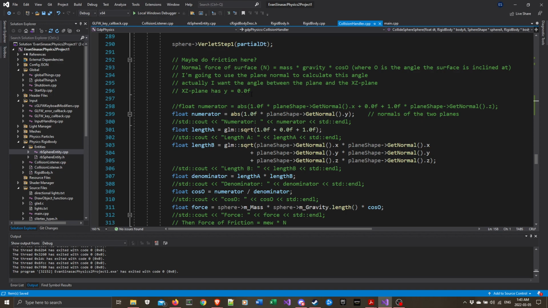So the formula for friction between an object and a surface, or at least the magnitude of the friction, is the normal force of the surface multiplied by the coefficient of friction, where the normal force of the surface is calculated by mass times gravity times cos theta, where theta is the angle that the surface is inclined at to the horizontal.